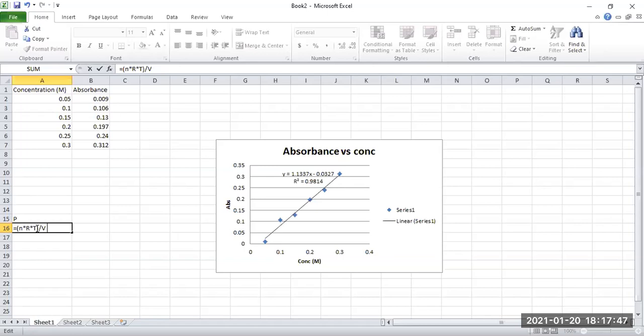But in the beginning here, we're focusing on generating the data, inserting it into the spreadsheet, and creating a graph with it.